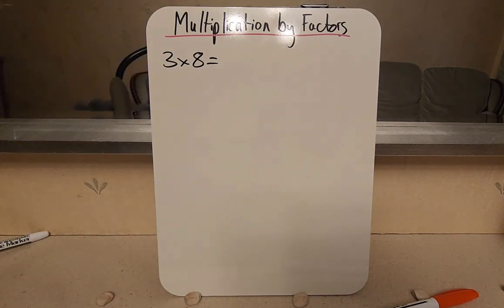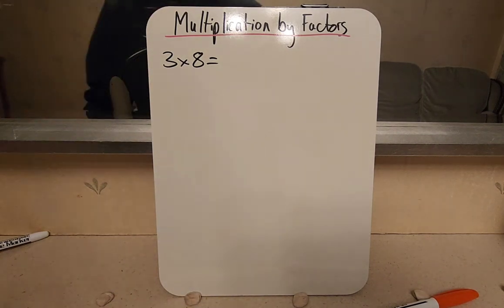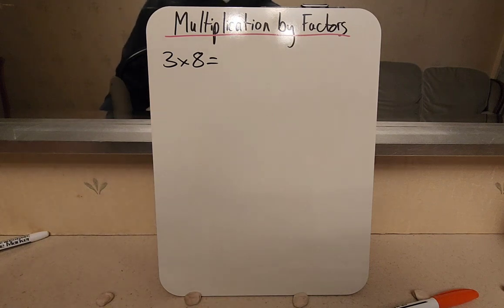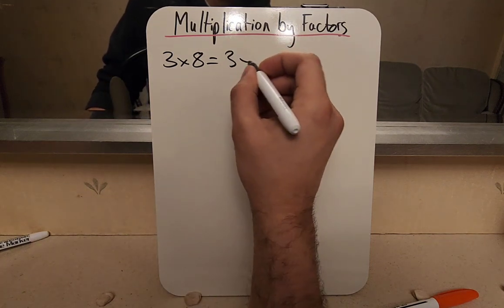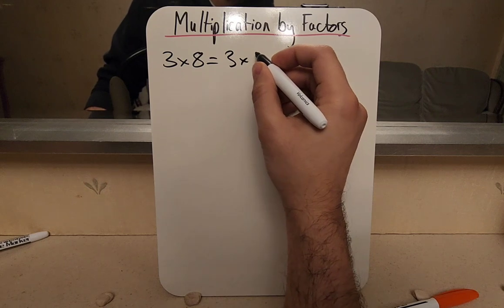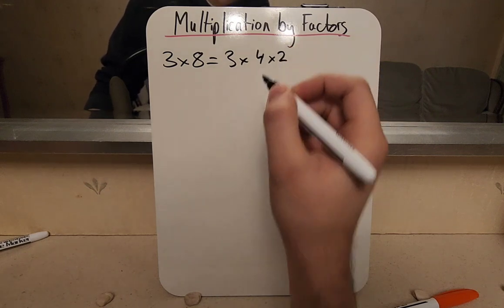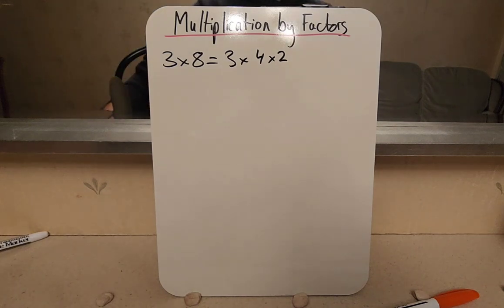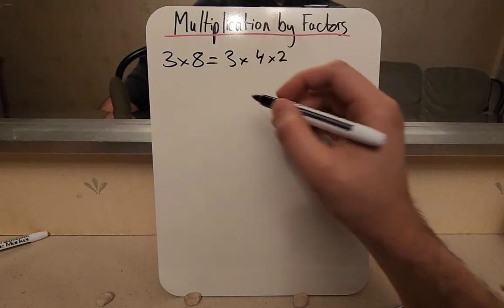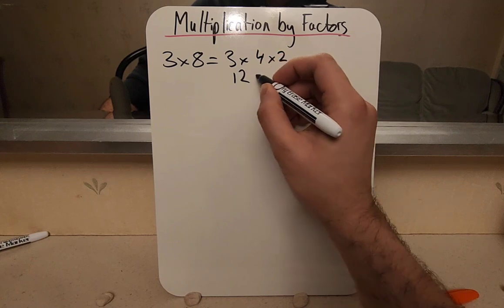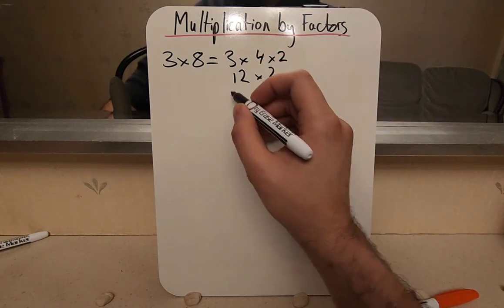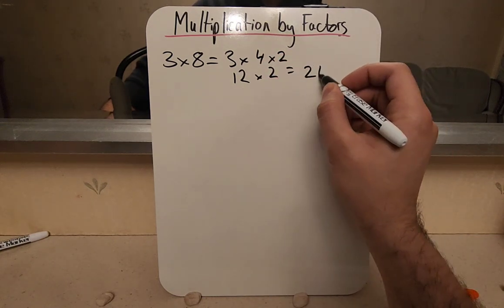However, for the factors of 8, I can see 2 simpler factors. Instead of 8, we can write it as 4 times 2. Here, 3 times 4 is 12, and if we've got to times it by 2, that takes us to 24.